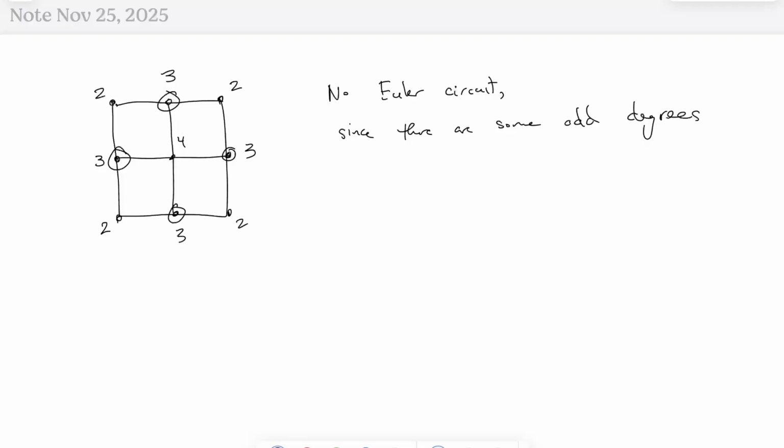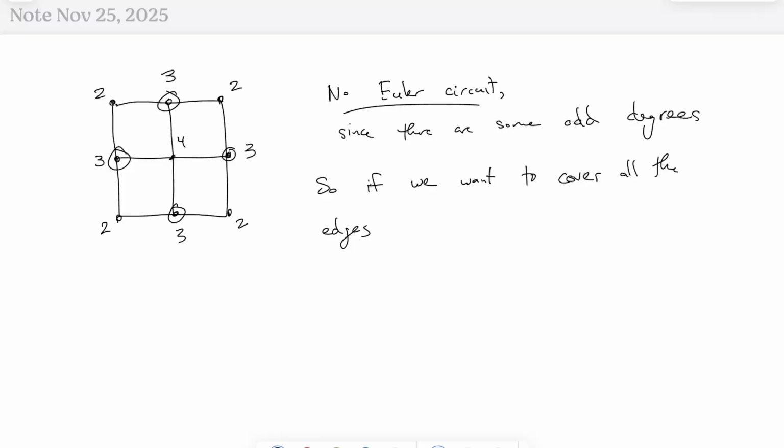You can ask another question though, and if you're talking about these kinds of problems in real life, this is the natural follow-up question. Since there's no Euler circuit, if we want to cover all the edges, that means we're going to have to repeat some, because this is what Euler circuit is all about, covering all the edges without repeating any.